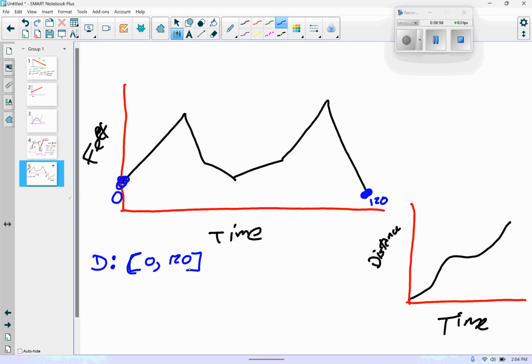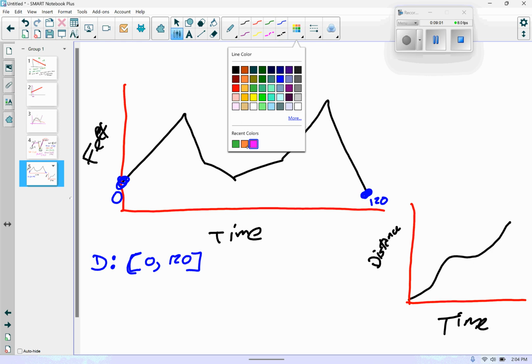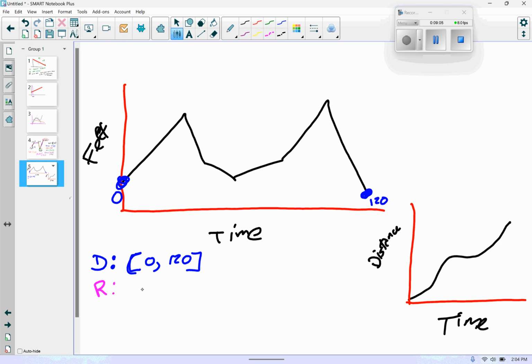Okay. What else can we say about this? We could say about the range. The range goes from our lowest y value, so it's here and here, which appears to be 4 in the y direction and this is 4 in the y direction. And then our maximum depth is all the way up here.